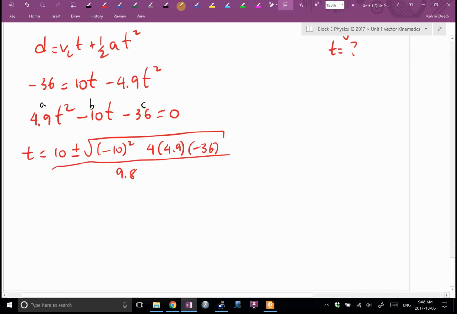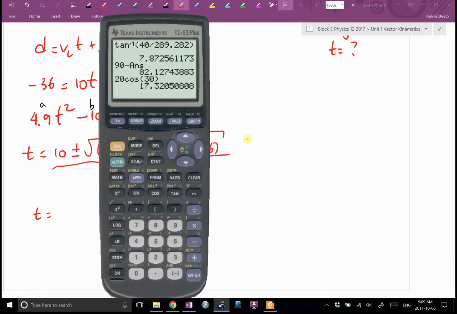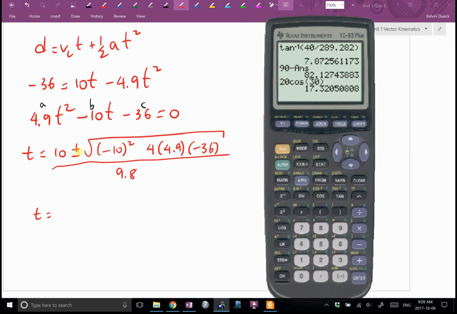Time for my calculator. Josh, is this a fraction? Yeah, you better believe it. Is there more than one thing on the top? You better believe it. So, bracket 10 plus square root, open a square root bracket depending on your calculator, but most of them you'll have to, unless you have the newer ones that indent. Then you're better. 10 squared.